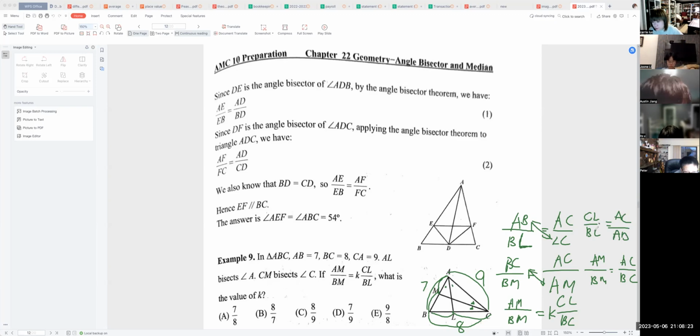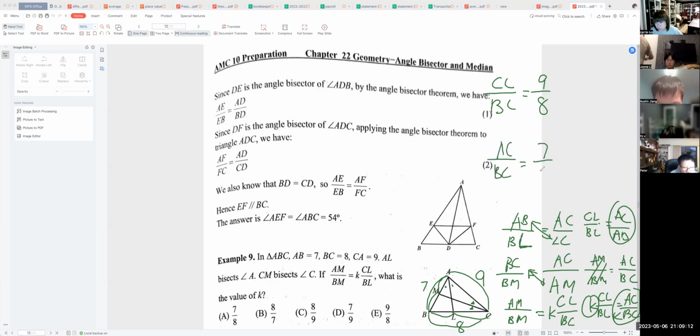So these two are equal, and this one can be easily changed: K times CL to BL equals AC to BC. I just multiply by K and divide by K, and these two are equal again. Correct, everybody? We know exactly the values of AB, AC and BC. So CL to BL equals AC to AB, which is 9 to 8, and AC to BC is 7 to 8, so K comes out directly. Just simple algebra.